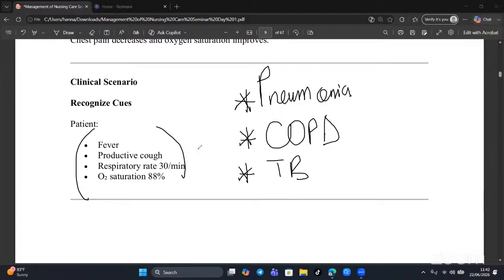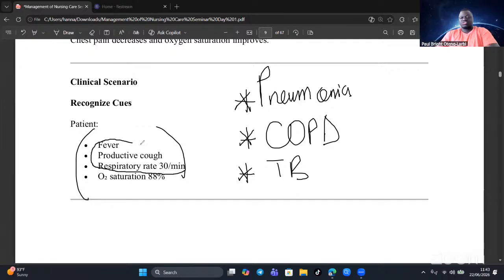So the fever, productive cough, and then the respiratory rate, the oxygen saturation. So you look at all the three to make your pneumonia. How about the other lady who said COPD, and somebody also said tuberculosis.